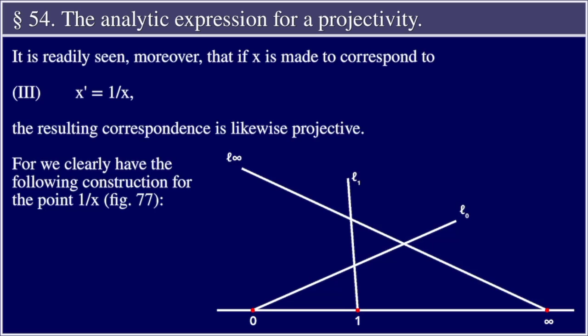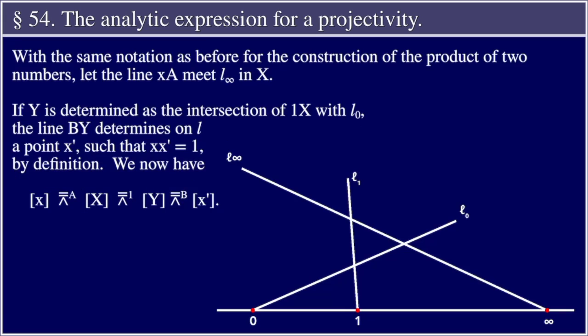to 1 divided by x, the resulting correspondence is likewise projective, for we clearly have the following construction for the point 1 divided by x, figure 77. With the same notation as before for the construction of the product of two numbers, let the line xa meet L infinity in x.